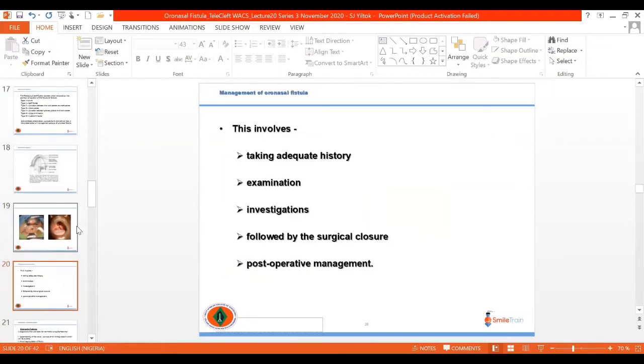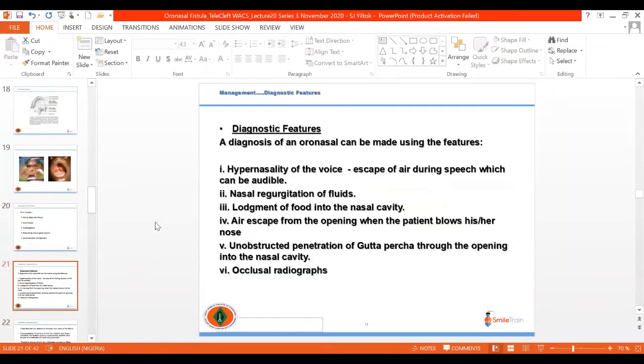So, management of oronasal fistula. Management entails history, examination, investigation, followed by the surgical. To be able to make a diagnosis, one has to consider these very important features. Usually, patients with oronasal fistula have hypernasality of their voice because of escape of air during speech, which can be audible.